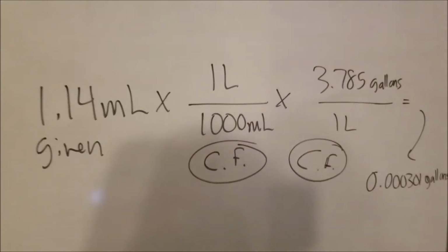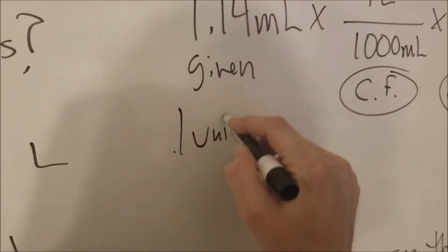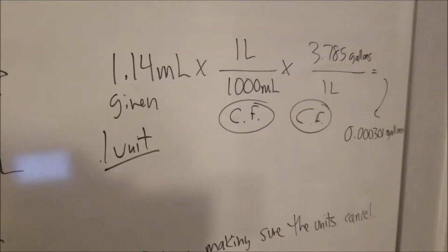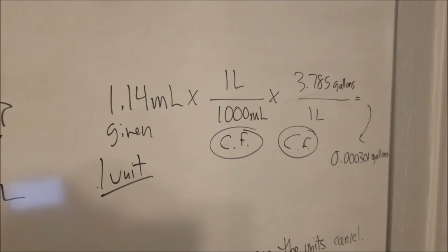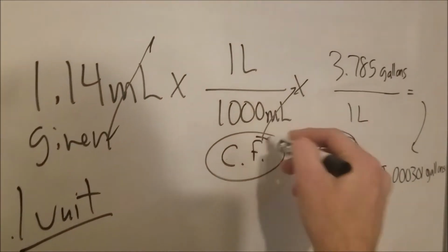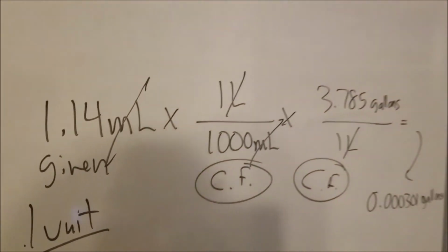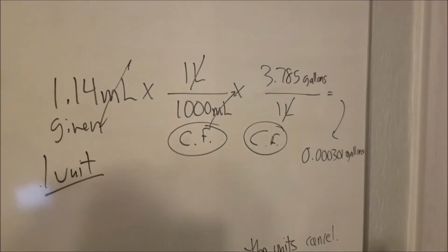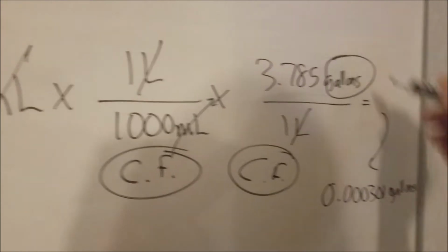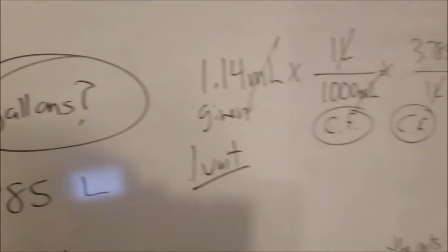The given quantity always has 1 unit, and that's what we're going to start every problem in dimensional analysis with. Now, if we look at the problem, milliliters in the numerator and the denominator cancel, liters in the numerator and the denominator cancel, and we're left with 1 unit, and that's gallons. That is what we want our answer in.